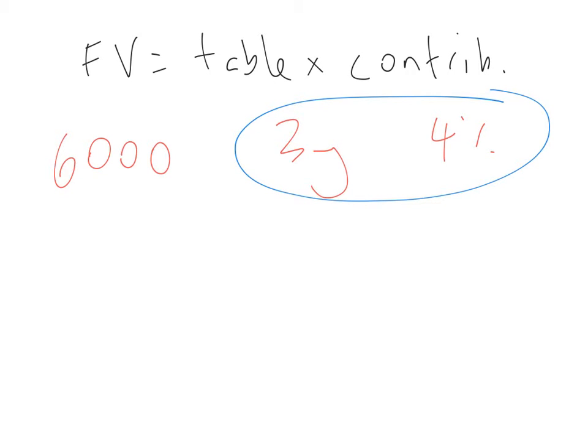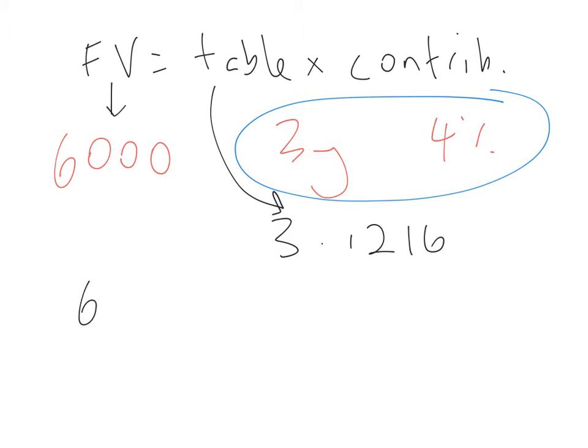So let's say that's going to be 3.1216. So the future value number is 6,000. The table value is 3.1216.